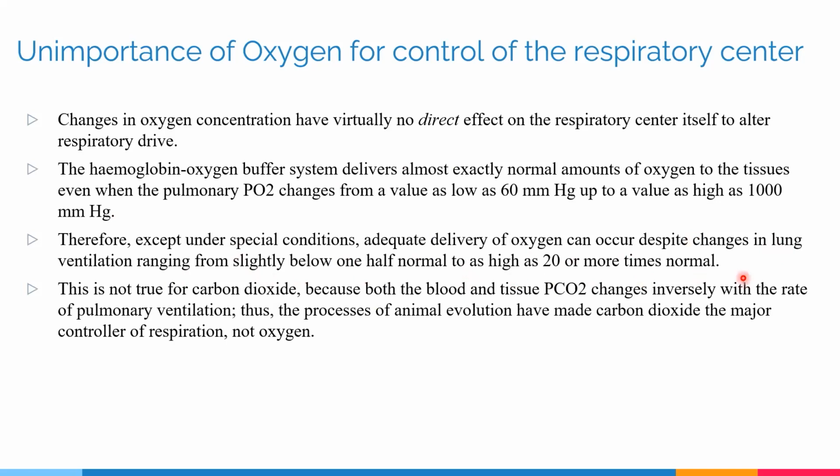Thus, if the regulation was based on oxygen, the system would not be able to detect any considerable problems with the lung ventilation itself, because the hemoglobin oxygen buffer system is so efficient that it is able to deliver normal amounts of oxygen even if the oxygen concentration drops to half its normal value, or the rate of ventilation increases to 20 times its normal value.